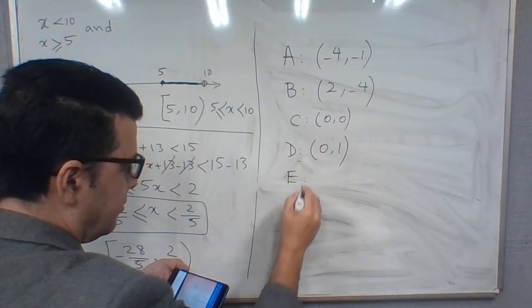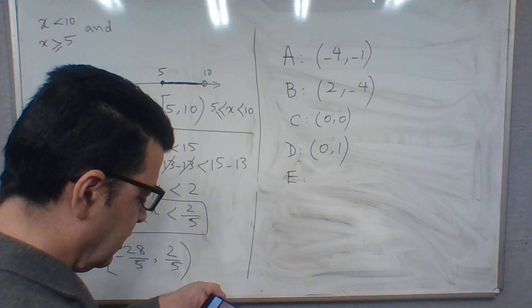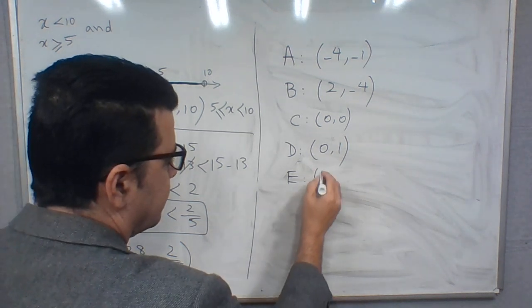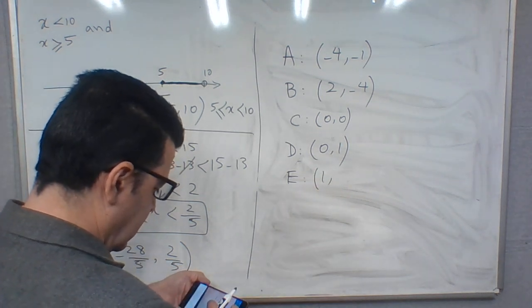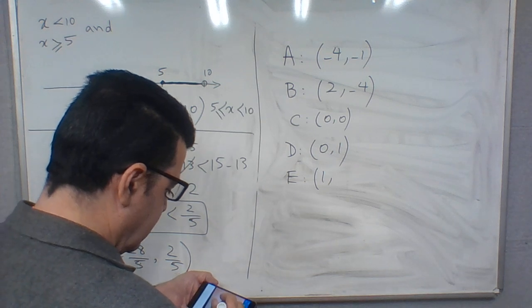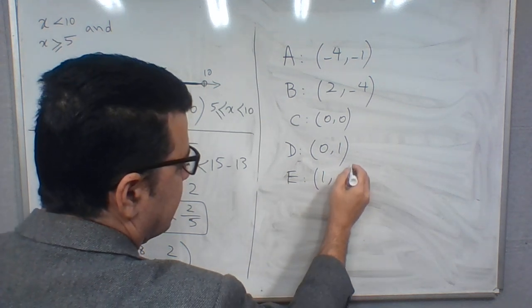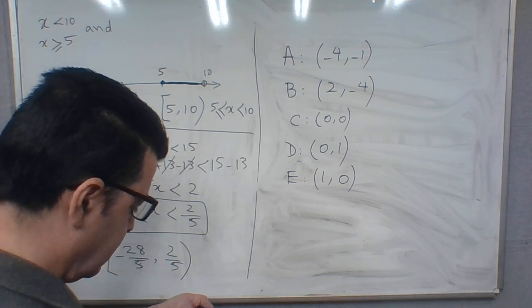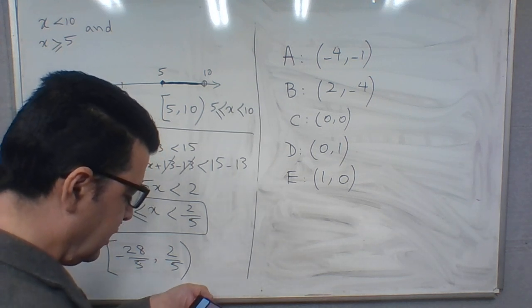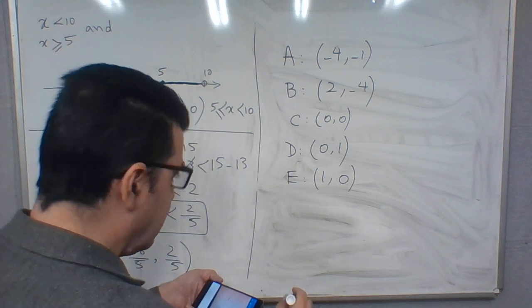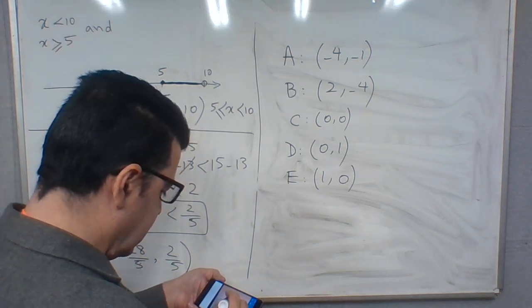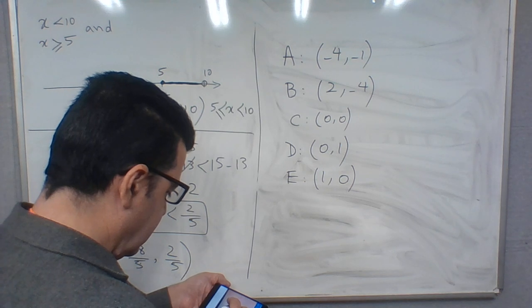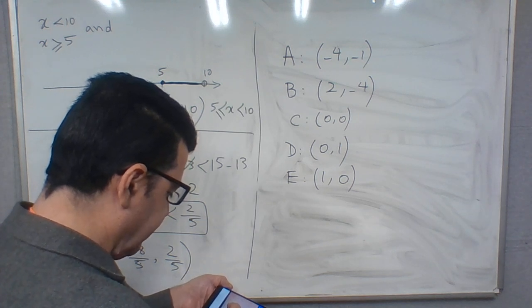And then E is 1 unit to the right, and no up or down, so 1 and 0. Okay, E is 1 and 0, and then F. Okay, where is F?